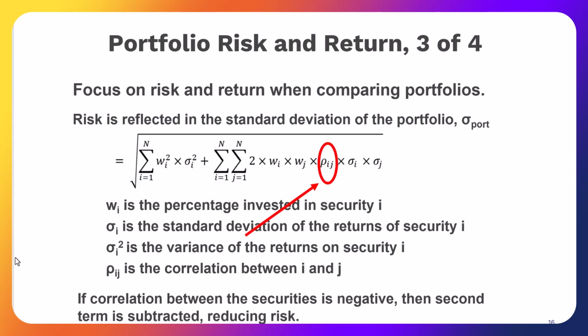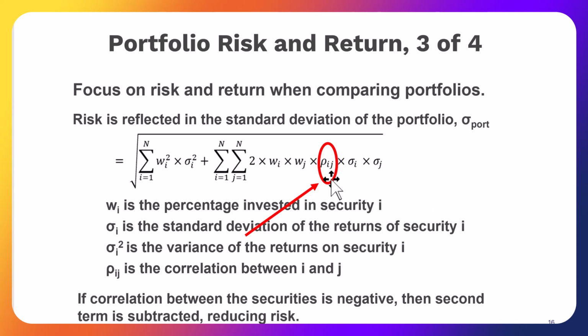To find risk is a little more complicated. It depends not on just the individual assets' risk, but also on correlations. As you see in our formula here, correlation is an important part of the second component of our formula.